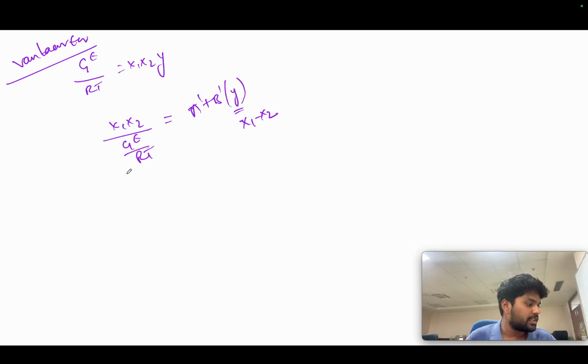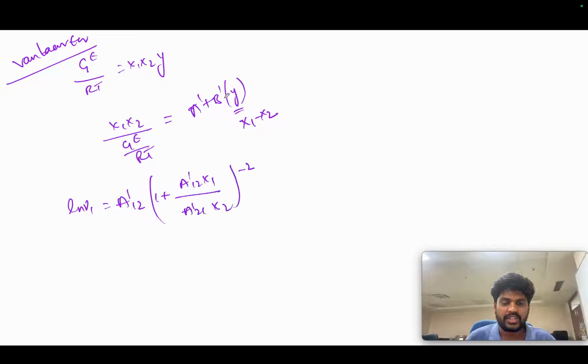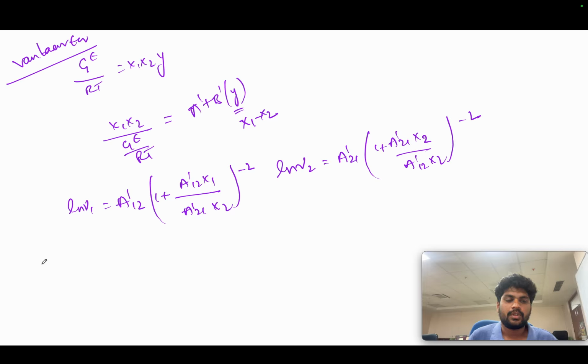So then you can understand the whole formula. From the Van Laar equation, we will get ln y1 equal to 1 plus a dash x1 divided by a dash 2 minus 2, because we are doing the reciprocation of what we have done for the Margules model. So this is equal to a dash 21 of 1 plus a dash 21 x2 by a12 into x2 into minus 1. So we can do the same for the Wilson equation also.